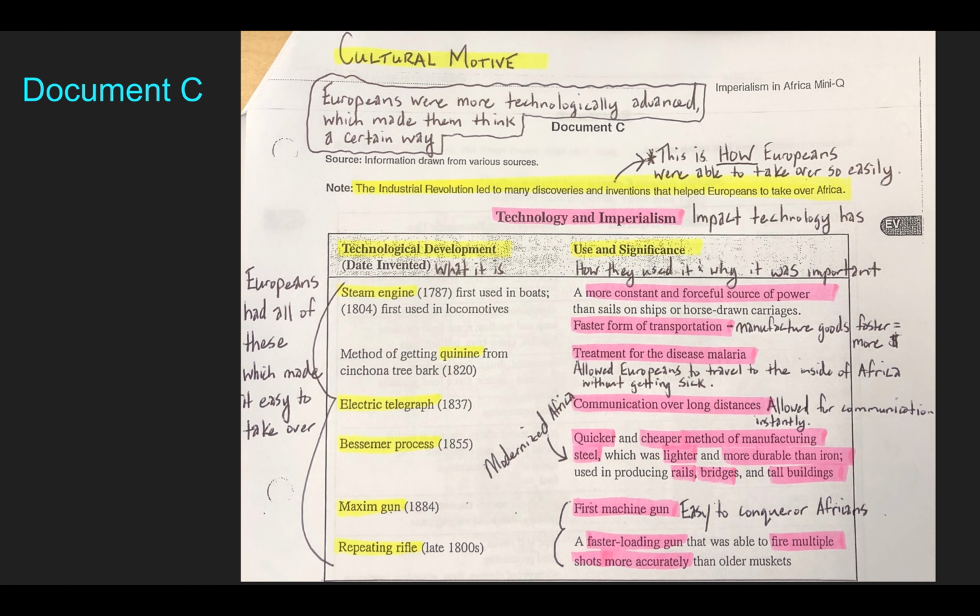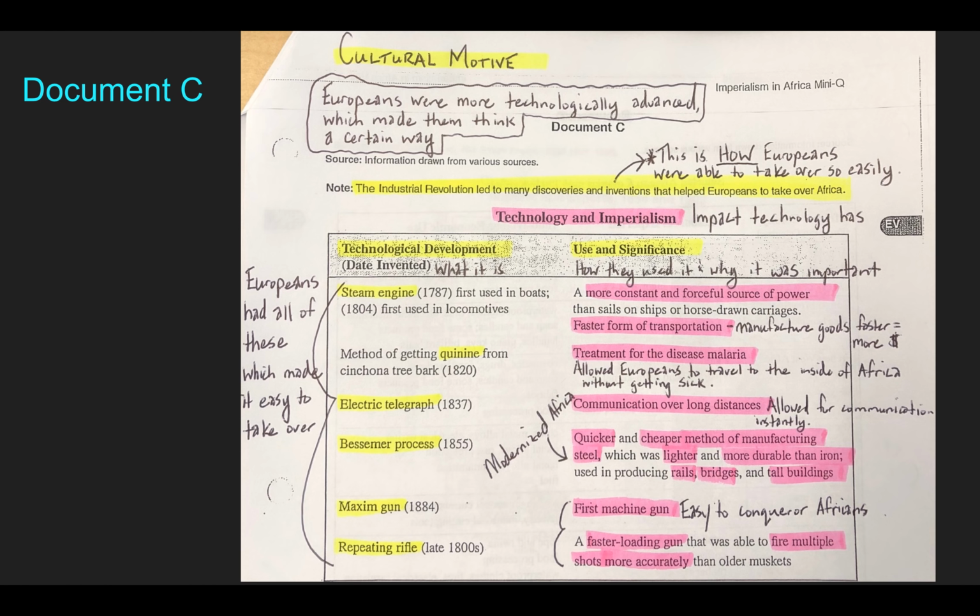So before all the machines, everything was done by hand. There was no sense of transportation, and the only way to get from one place to the other is by a ship with sails, or walking, or an animal. Now you have steamboats, and the steamboats have these steam engines, and it allows for these ships to travel very, very quickly from one place to the other, along with the locomotives or the railroads and the trains.